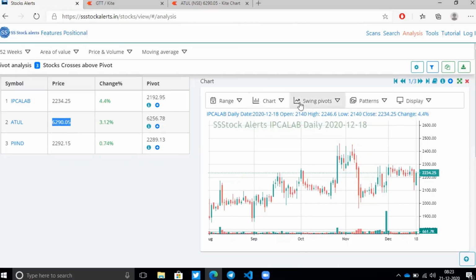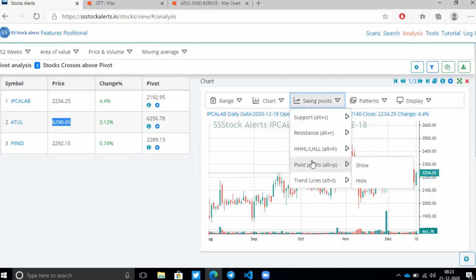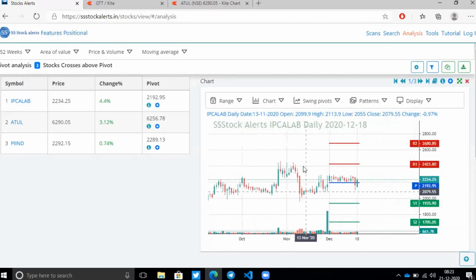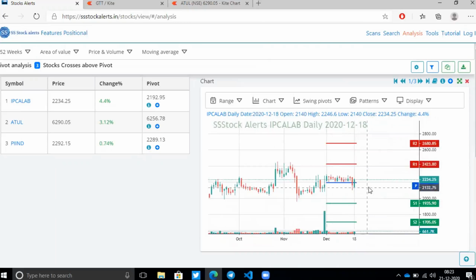To draw the pivot points here, directly go here and click show pivot points, right? Whenever you are working on a daily chart, the pivot point you are seeing here is the higher level, which is monthly. When you change the time frame to weekly or monthly, the next pivot point will be shown based on the yearly.